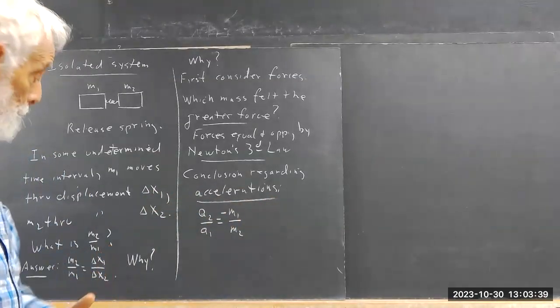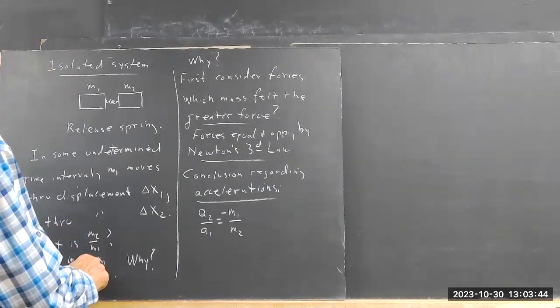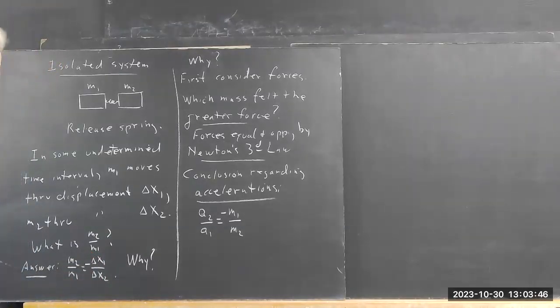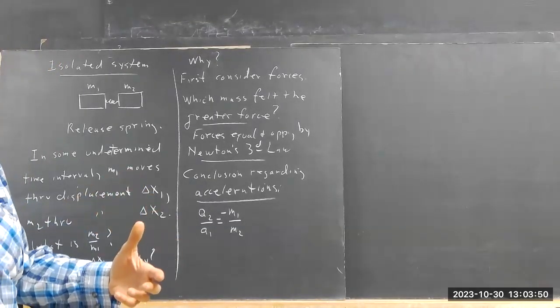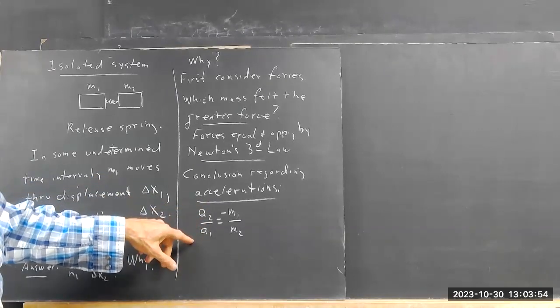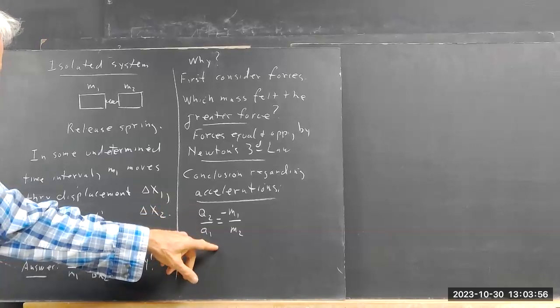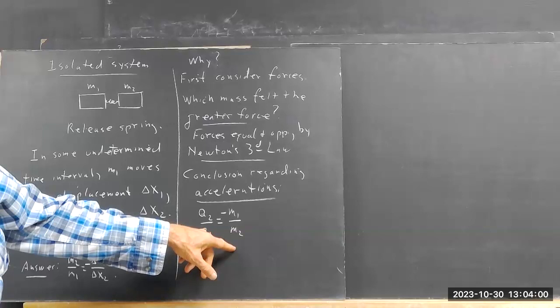Down here, I should have done that too with a minus sign, because delta X1 and delta X2 are in different directions. I could have used absolute value signs: the absolute value of the ratio of the accelerations is the absolute value of the ratio of masses.